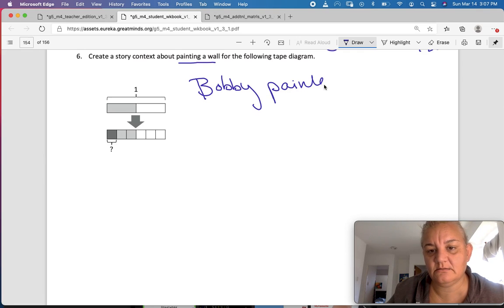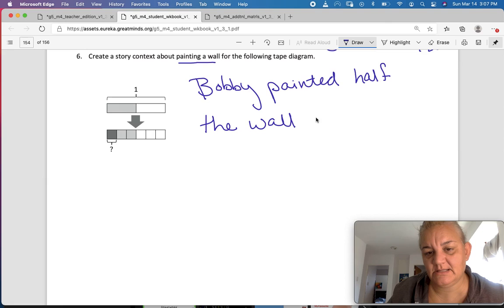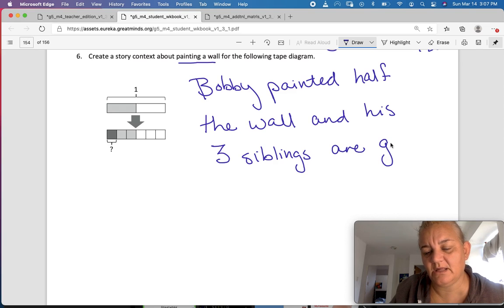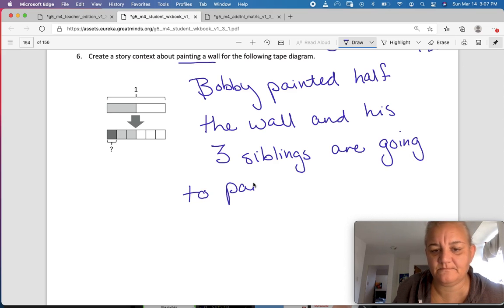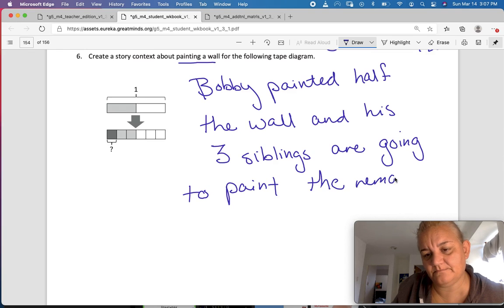Bobby painted half the wall and his 3 siblings, his 3 brothers and sisters, are going to paint the remainder.